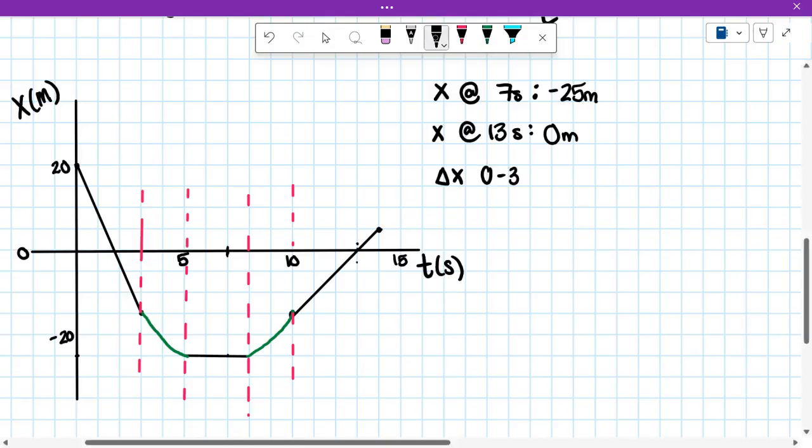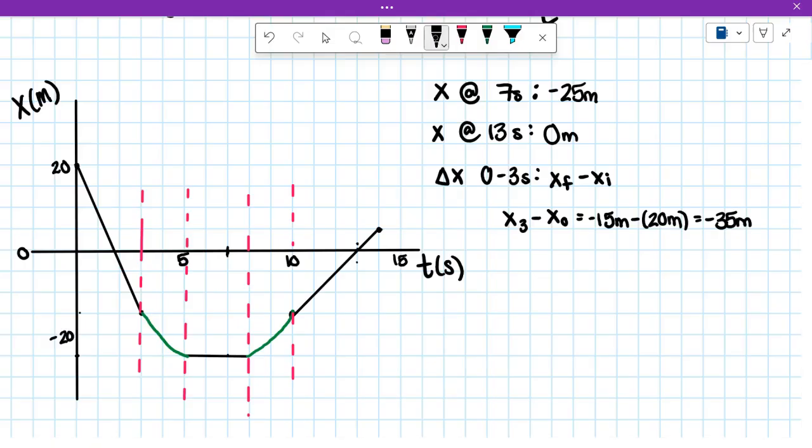So let's say our change in position from 1 to 3 seconds. Change in position is the final position minus the initial position. So where I am at 3 seconds minus where I am at 0 seconds. At 3 seconds, I have a position of negative 15 meters. And at 0 seconds, I had a position of 20 meters. So I have a change in position of negative 35 meters. From 0 to 3 seconds.